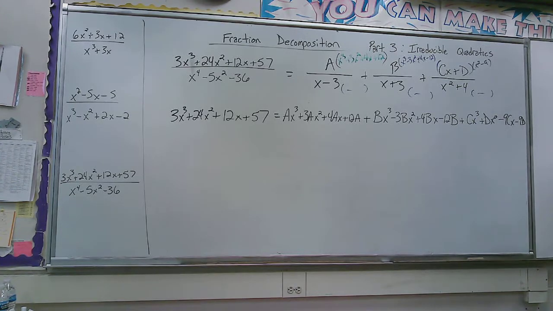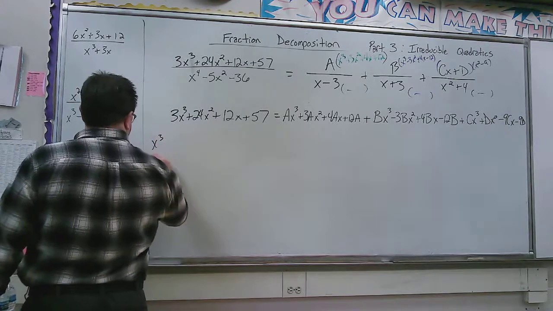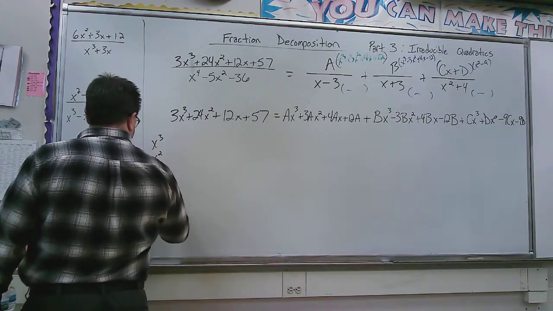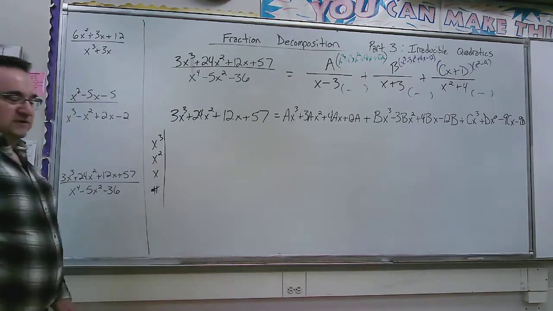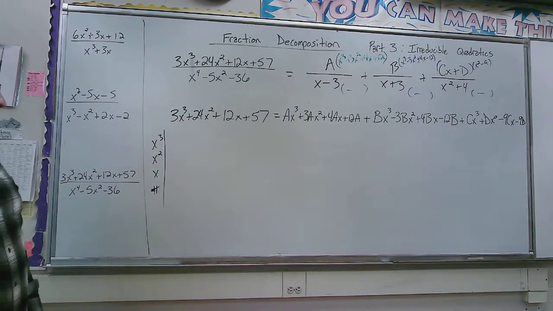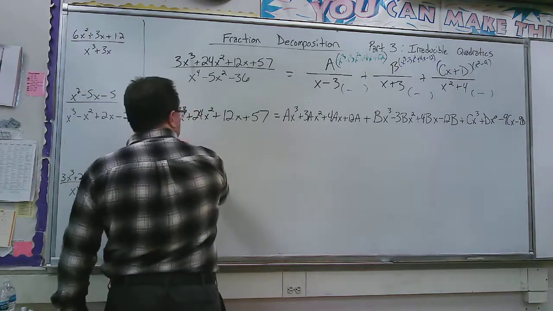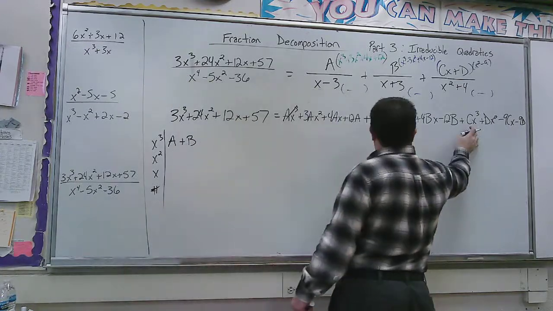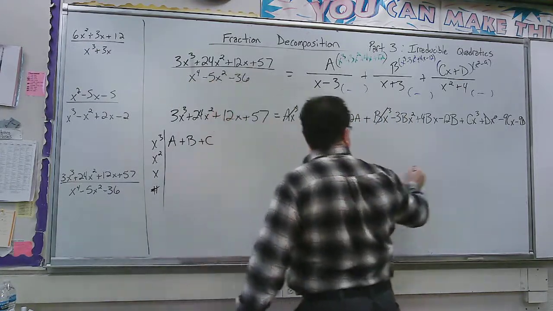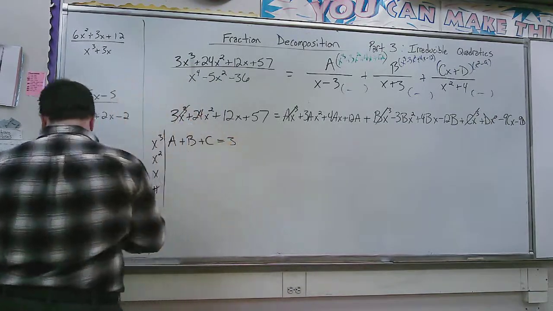So we have cubes, squareds, linears, and constants. And this could be very ugly, but we don't know yet. So let's just see what we have before we freak out. So let's start with the cubes. I see A plus B plus C has to equal 3.